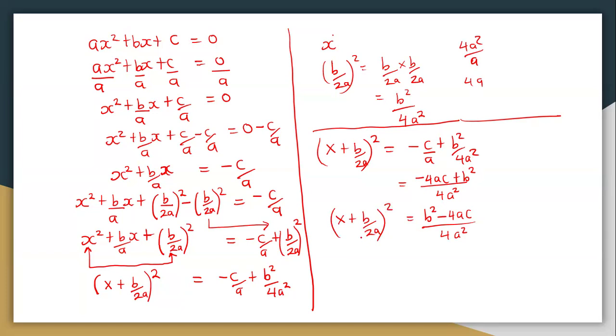Now, the next thing, I'm going to take the root on both sides. Since I have a square this side, I take the root. So this side I'll have x plus b out of 2a. But whenever we have a root, we can get either a positive or a negative. So up, I'll have the root of b squared minus 4ac.